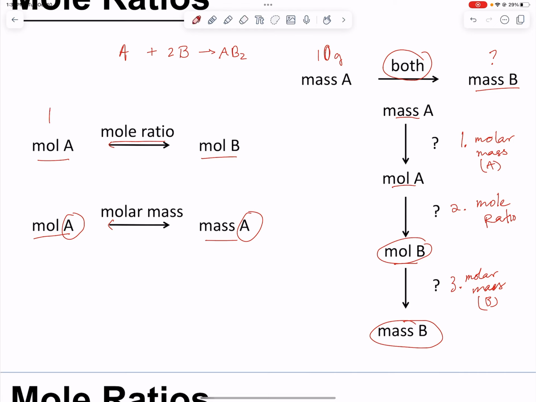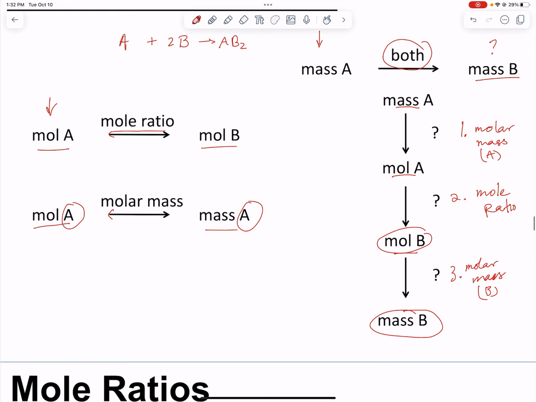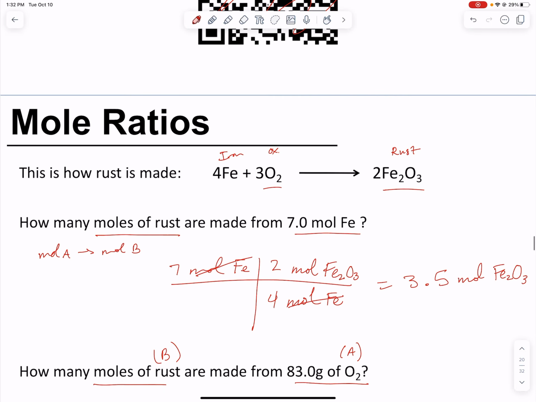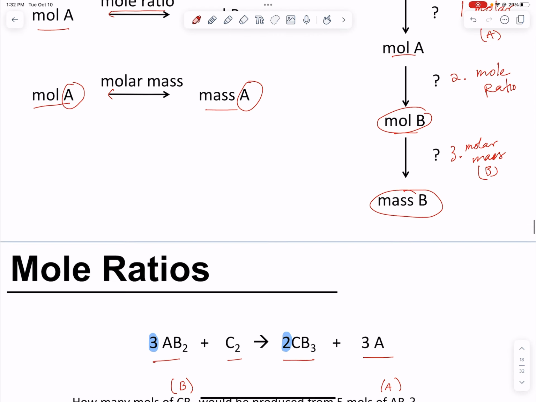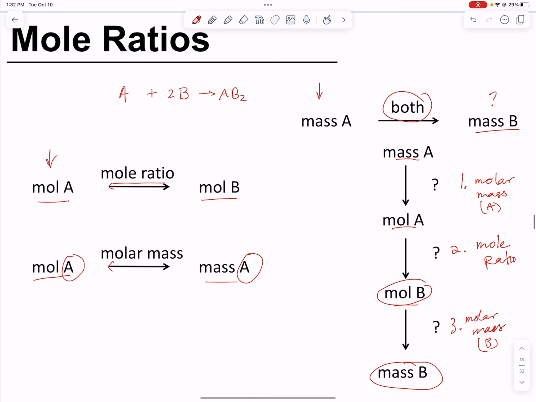On these diagrams, this says what you can do if you're starting off with the moles of something. But we're not starting off with the moles of anything. We're starting off with grams of oxygen. So we're starting off with the mass of, again, oxygen is like our substance A. We're not asked to go all the way to the mass of substance B, but you're still going to follow the first 2 steps of this chart.